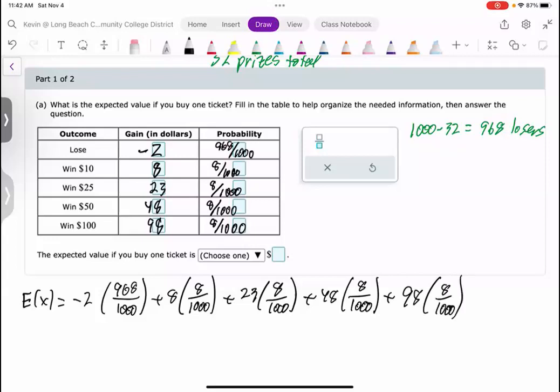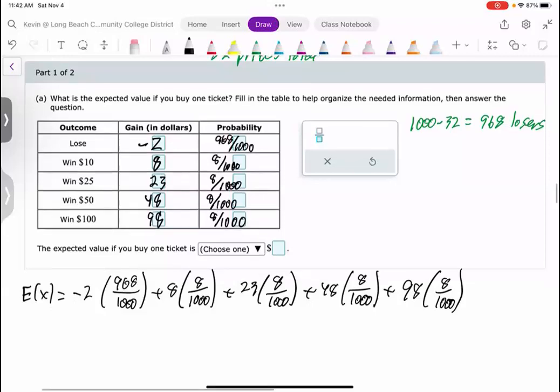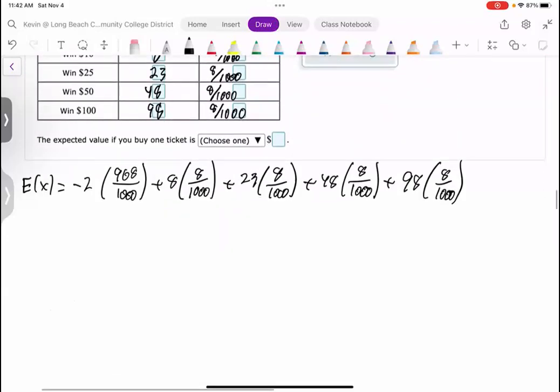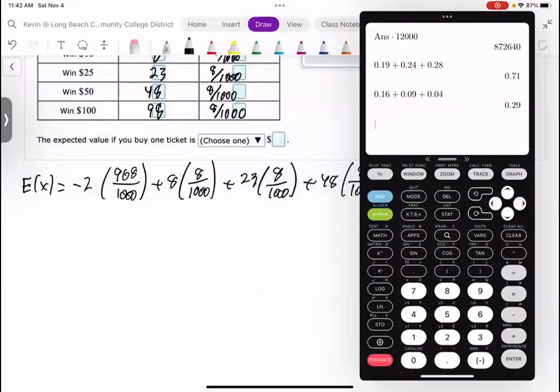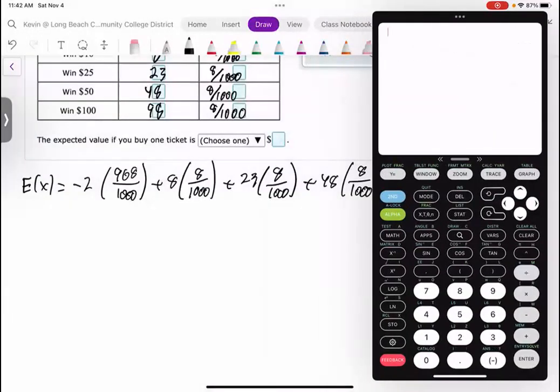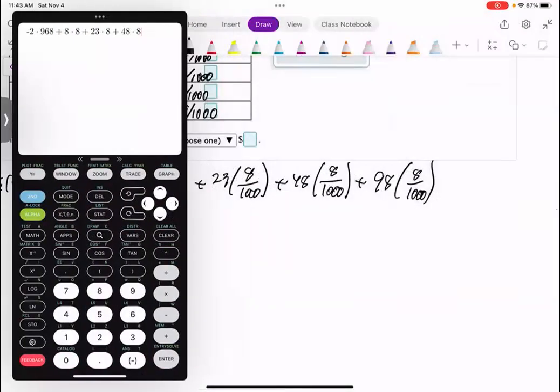And I'm going to only focus on the numerators for now because the denominator is 1,000. We already know that. So negative 2 times 968 plus 8 times 8 plus 23 times 8 plus 48 times 8 plus 98 times 8.